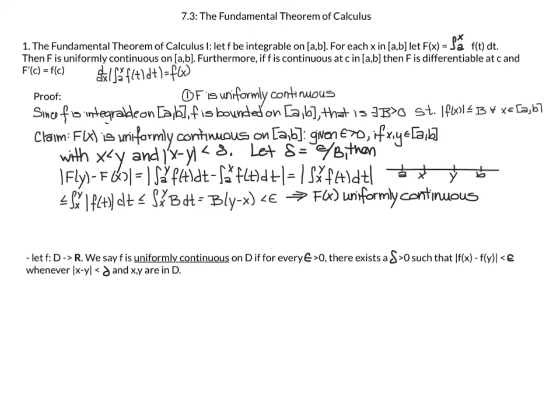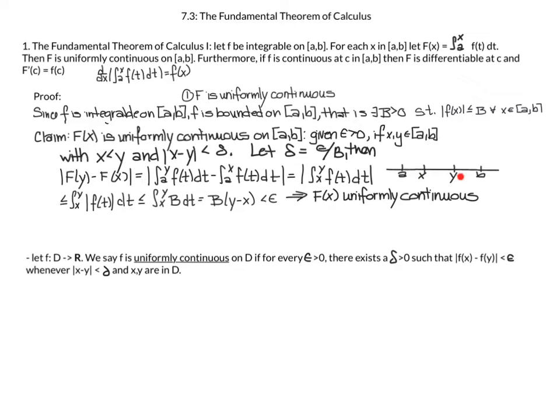Then capital F of y minus capital F of x, using my definition of capital F, is the integral from a to y of f of t dt minus the integral from a to x of f of t dt.